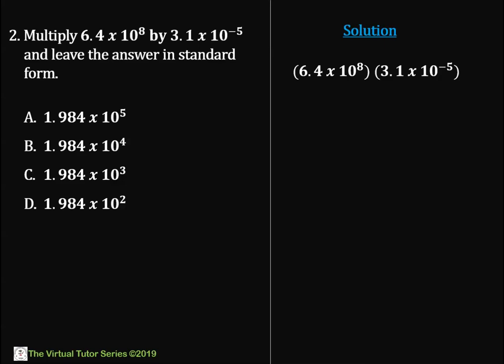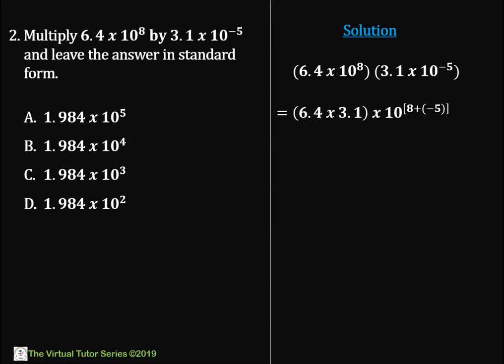We multiply the two first bits of the numbers together and the two second bits of the bases together. So we have 6.4 times 3.1 times 10 to the power 8 plus negative 5. Remember that when expressions with the same base are multiplied, the indices or exponents are added.